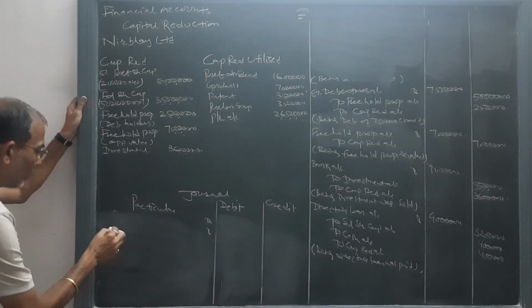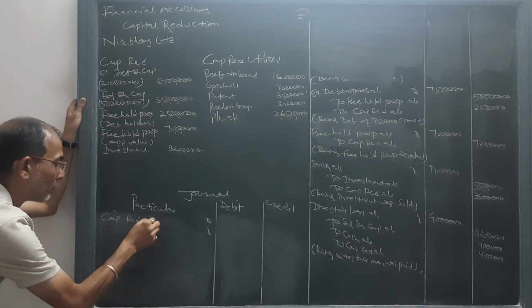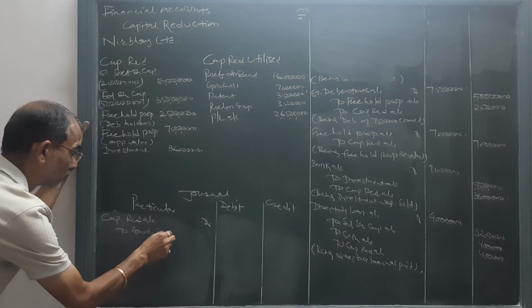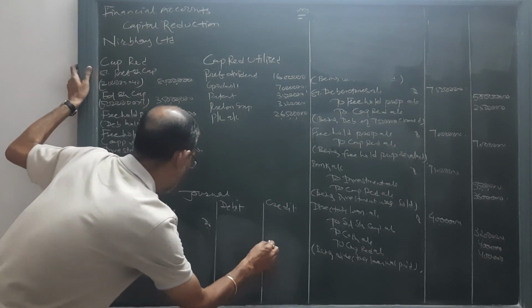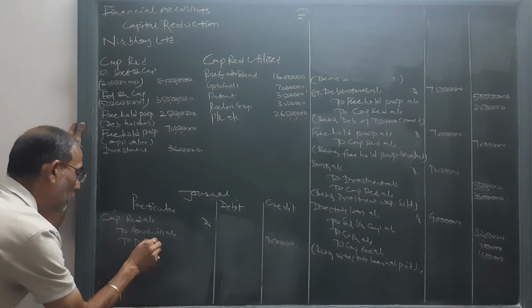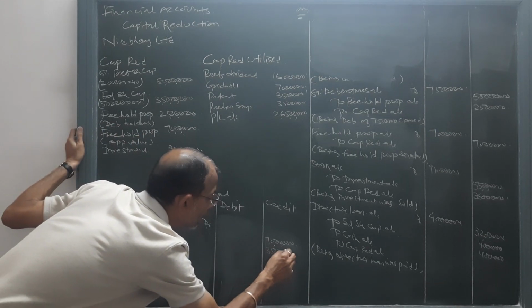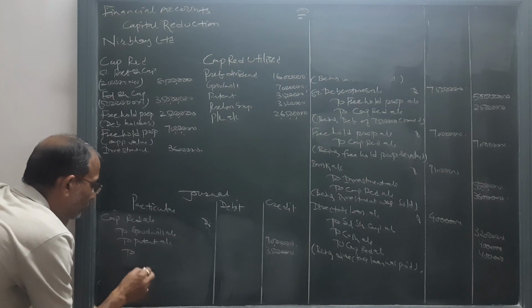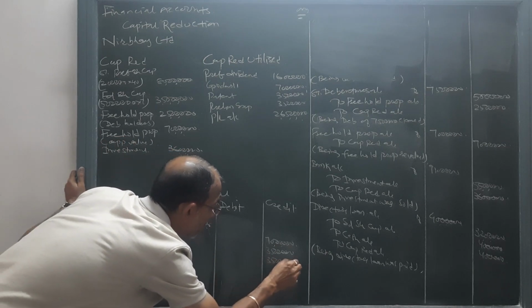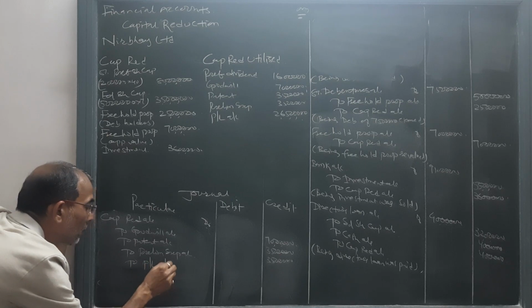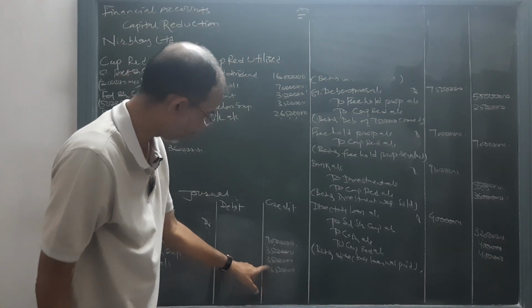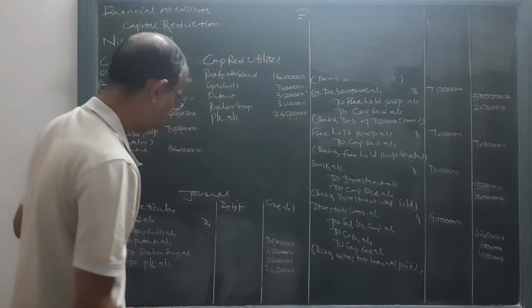Here capital reduction account will be debited to goodwill account 70 lakh, to patent account 35 lakh, to preliminary expense account 35 lakh, and to P&L account 2 crore 65 lakh. 2 crore, 3 crore, 4 crore, 4 crore 5 lakh.